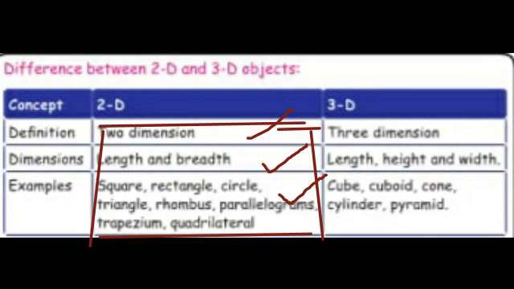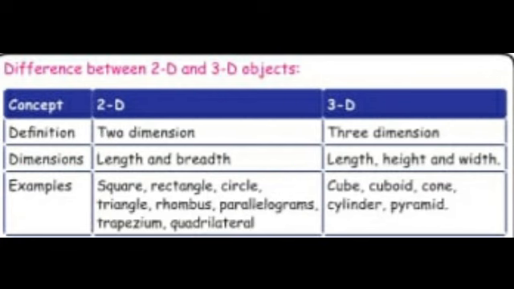It has only 2, that's why we call it 2 dimensions: length and breadth. For example, square, rectangle, triangle, rhombus, parallelogram, trapezium, quadrilateral. So many closed figures we can say. Isn't it, my dear students?